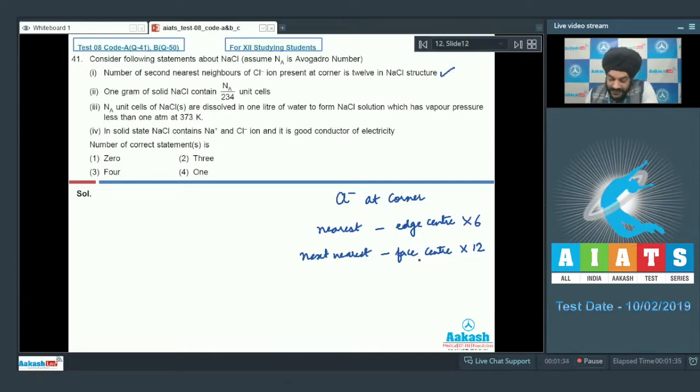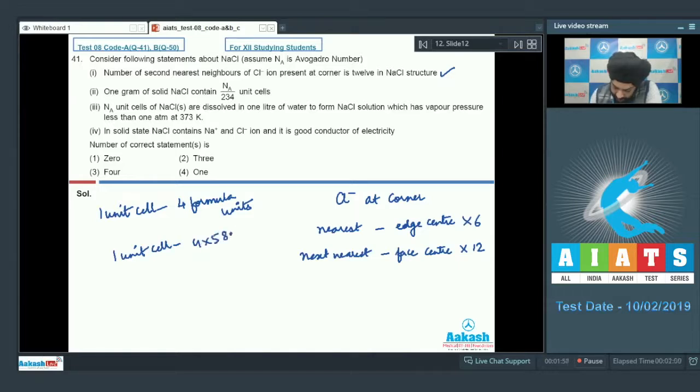If you look at the second statement now, 1 gram of solid NaCl contains Na by 234 unit cells. If we talk about 1 unit cell, we know that 1 unit cell contains 4 formula units. So the mass in 1 unit cell is going to be 4 into 58.5 upon Avogadro number of grams.